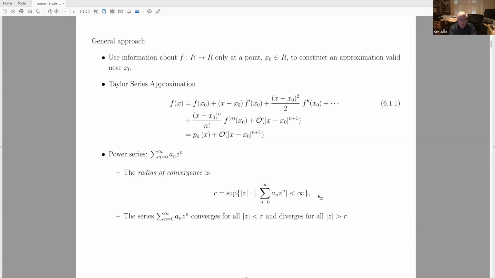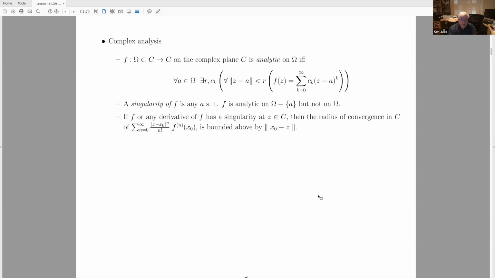Now, I should point out something here before I proceed. When I talk about z's, remember the function I'm talking about, f of x, I initially said it's mapping from R to R. Well, actually, I'm really thinking of f as being a function from the complex plane to the complex plane.